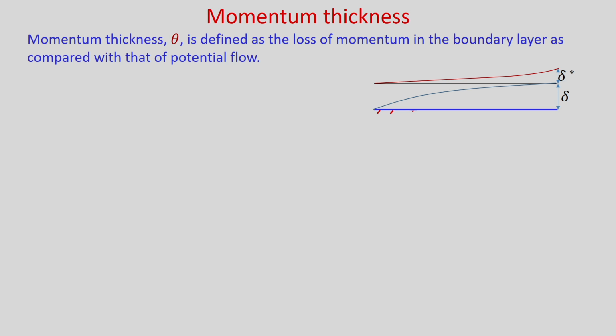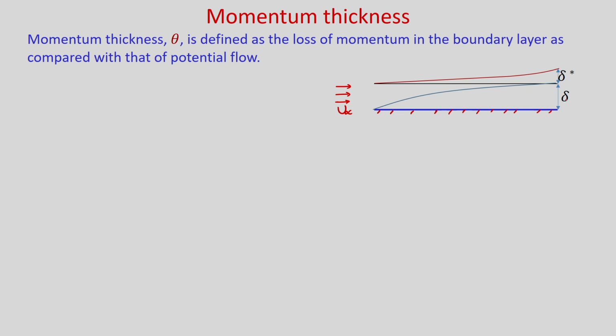So, now you can see that due to the presence of this flat plate, there will be deflection in the streamline and there will be a deficit in the momentum in the downward direction. So, if we consider this as the flat plate and we have free stream velocity u infinity, this is the streamline before the presence of the flat plate, but due to the presence of the flat plate this is deflected as this.